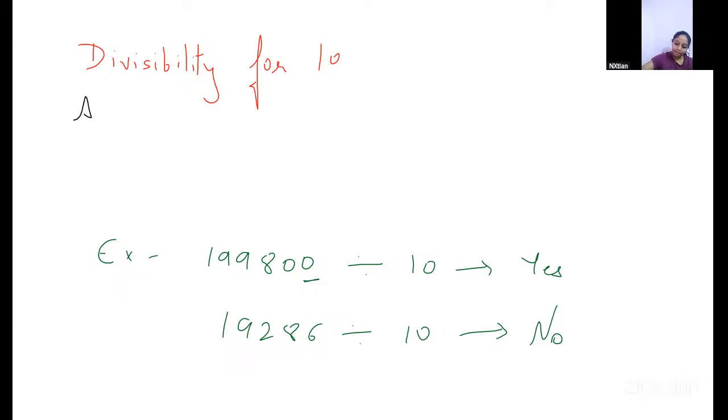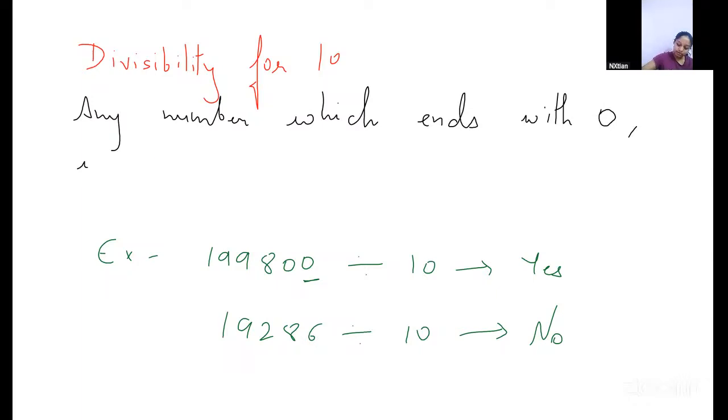Any number which ends with 0 is divisible by 10.